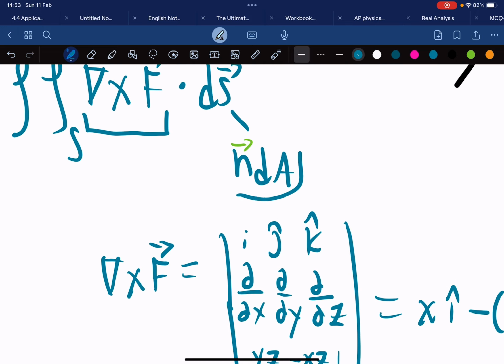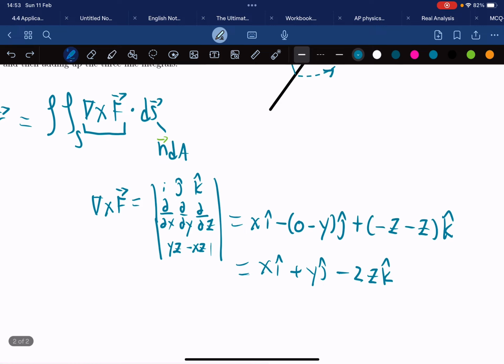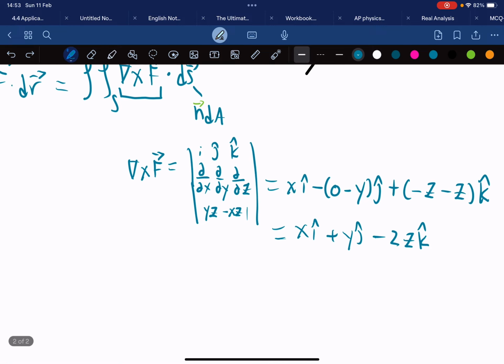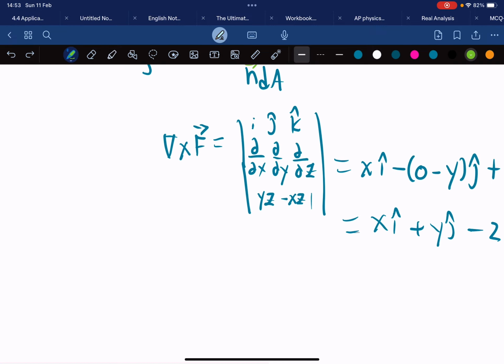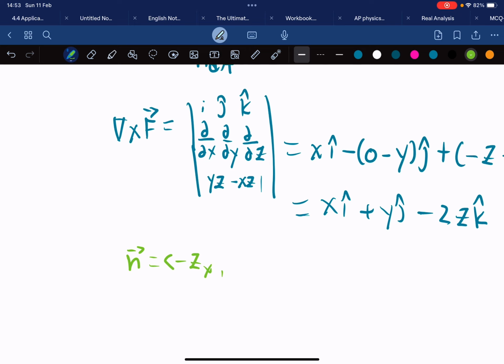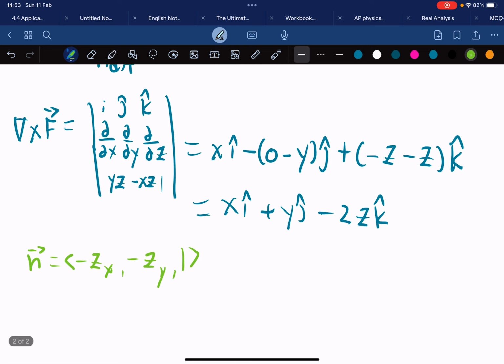And what we want to dot this with is this value right here, and what our normal vector is going to be. So the normal vector is just negative the partial derivative of z with respect to x, negative the partial derivative of z with respect to y, and 1.